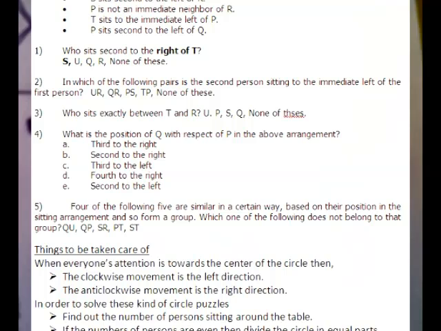I hope you understand this question. Look at our question once again. The question says, in which of the following pairs is the second person sitting to the immediate left of the first person? So we have to make sure which one of these options is correct according to this situation.